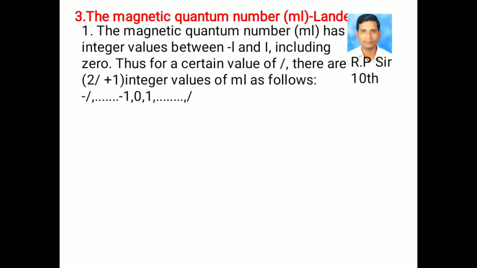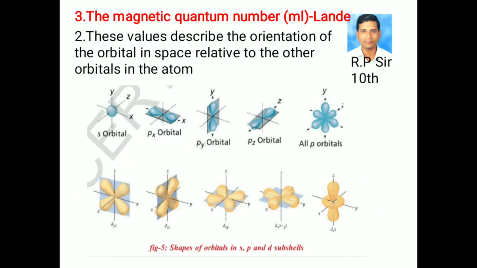Thus, for a certain value of L, there are 2L plus 1 integer values of ml, from -L to +L including 0. These values describe the orientation of the orbitals in space relative to the other orbitals in the atom.